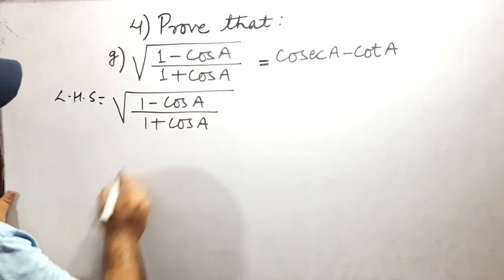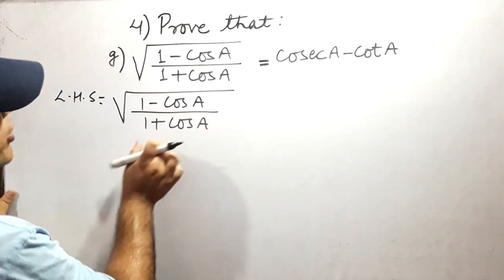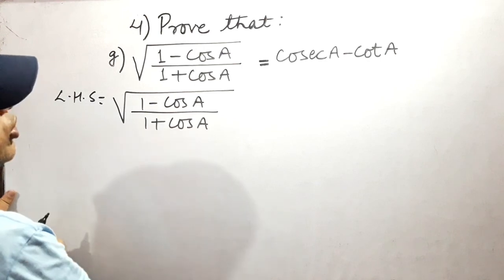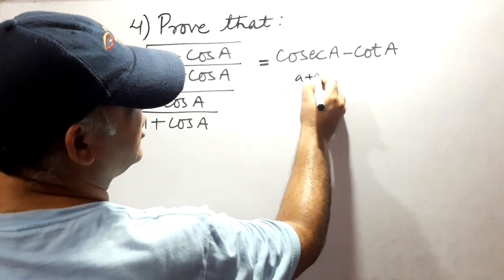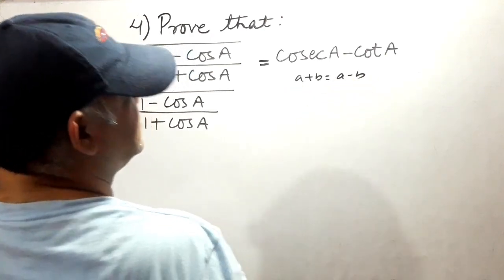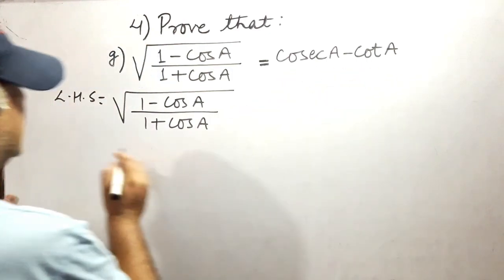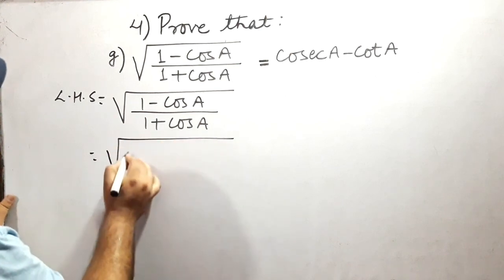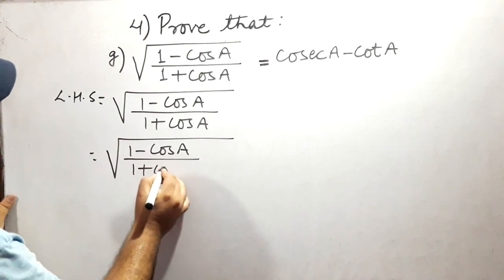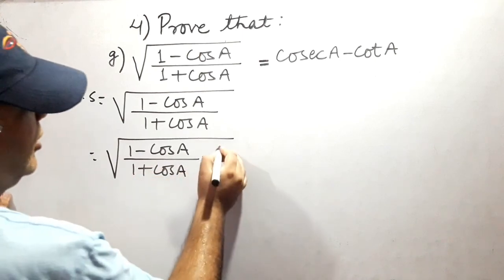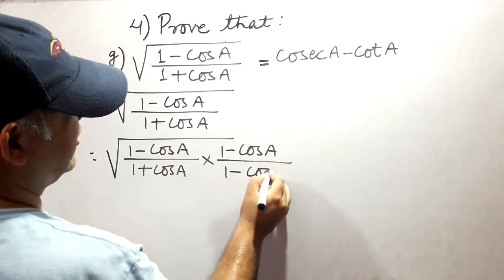In the denominator there is 1 plus cos A, so let's multiply the numerator and denominator with the conjugate of 1 plus cos A. The conjugate of A plus B is A minus B, so the conjugate of 1 plus cos A would be 1 minus cos A. So let's multiply the numerator and denominator: (1 minus cos A) by (1 plus cos A) into (1 minus cos A) by (1 minus cos A).